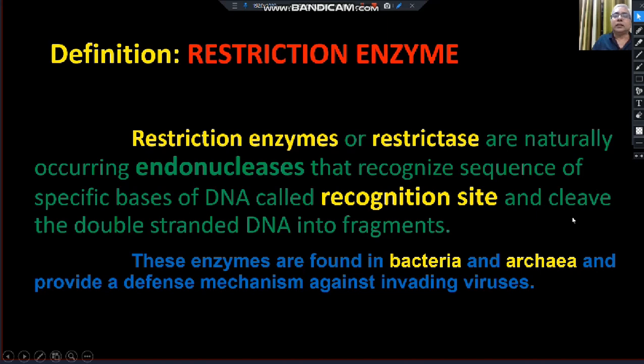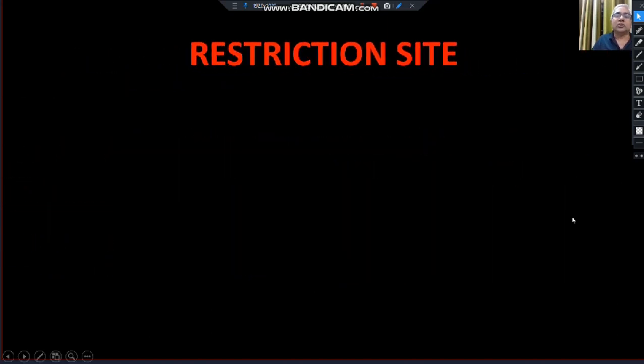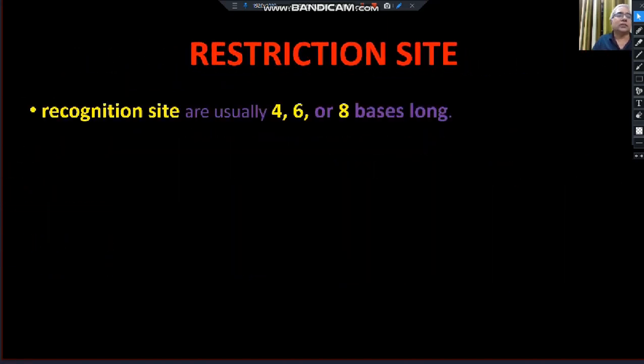Now, the recognition site or restriction site is the site which is constituted by about 4, 6 or 8 nucleotide bases. Generally, they are composed of either 4 nucleotides or 6 nucleotides.